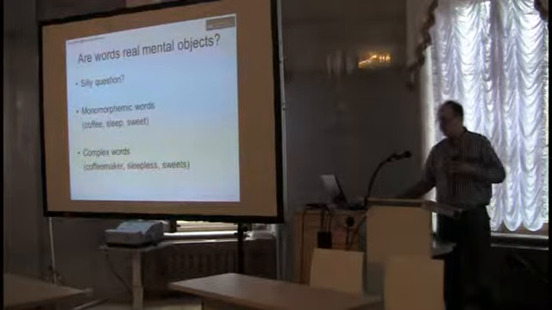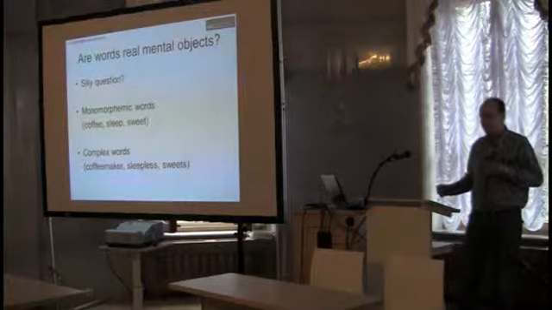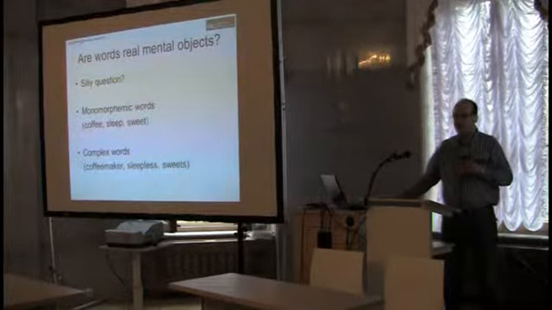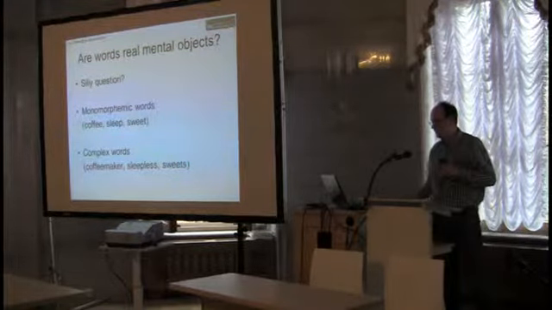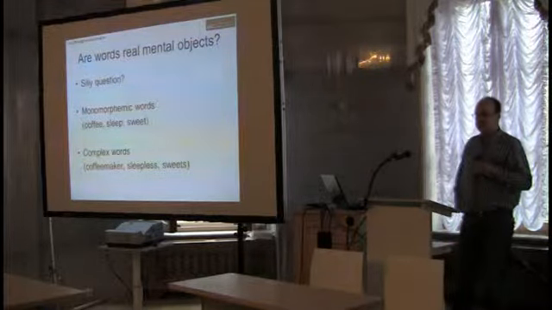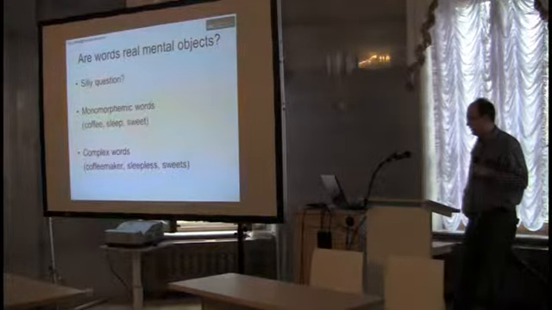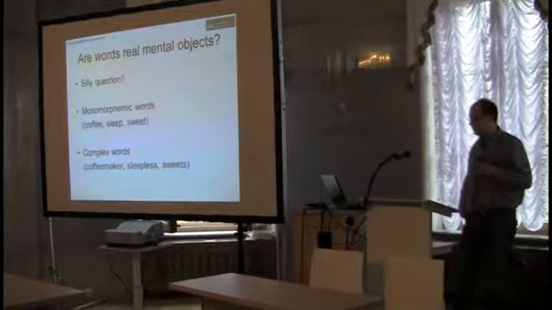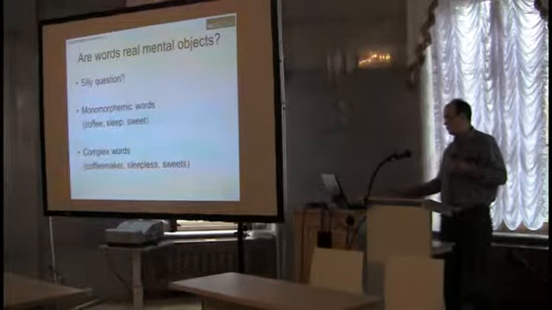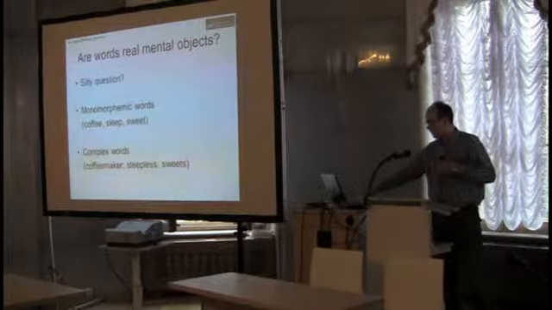Now, when we get to complex words, such as compounds, coffee maker, is this a single word, or are these two words, in fact? A word which contains a derivational affix, such as sleepless. How is that analyzed? How is that stored in your mental lexicon, or is that stored at all? Or inflection, such as sweet versus sweets, plural.